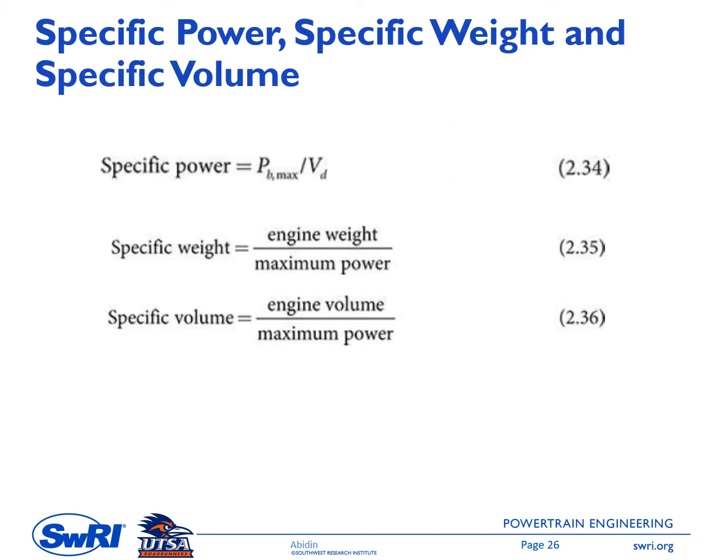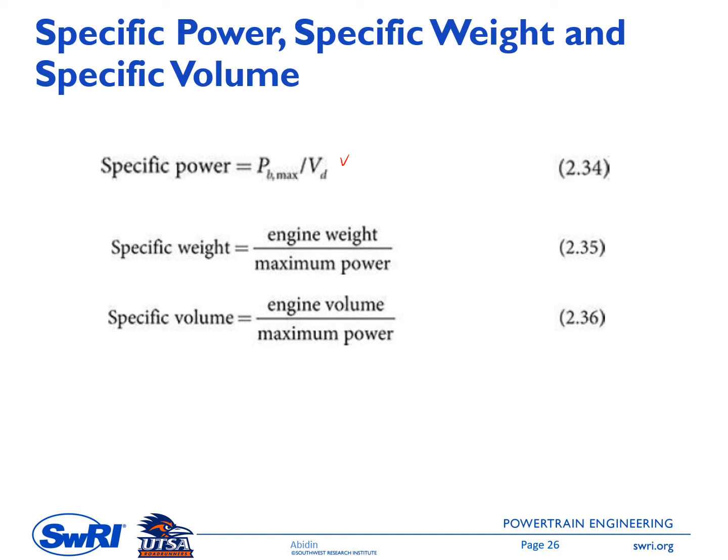The next parameters are specific power, specific weight, and specific volume. Specific power is the ratio between the engine power and the engine displacement, equation 2.34. Specific weight is the ratio of the engine weight to maximum power, and specific volume is the ratio of the engine volume to maximum power.